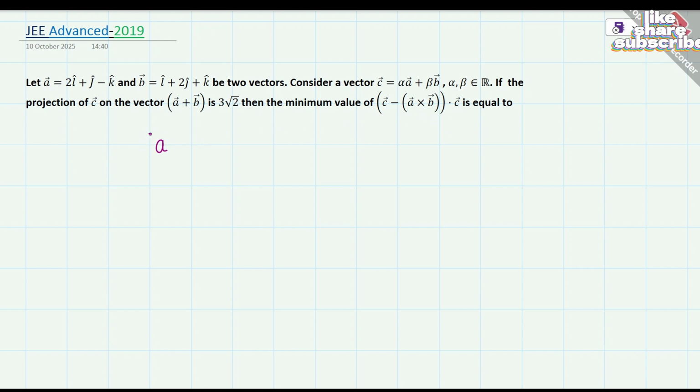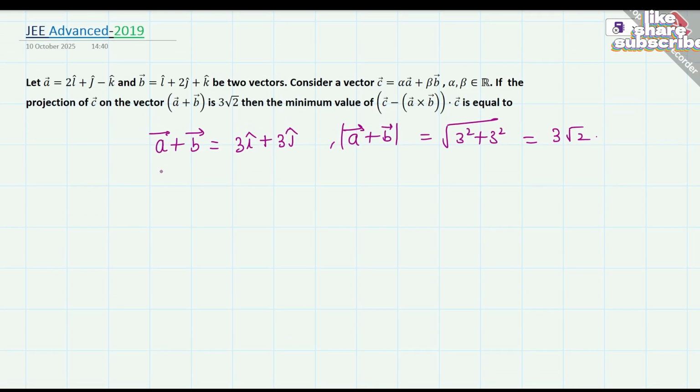First of all, A plus B is equal to 3i cap plus 3j cap, and the modulus of this vector A plus B is equal to under root 3 square plus 3 square. So this is equal to 3 root 2. Also, A dot B is equal to 2 times 1 plus 1 times 2 plus 1 times minus 1, and this is equal to 3.